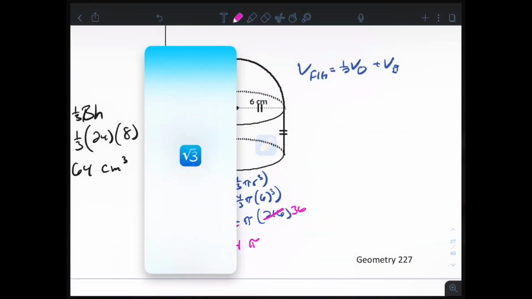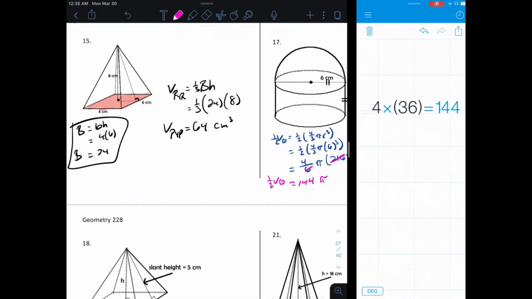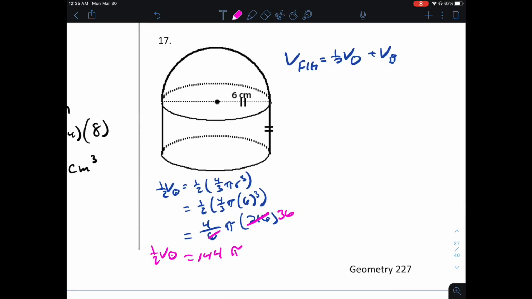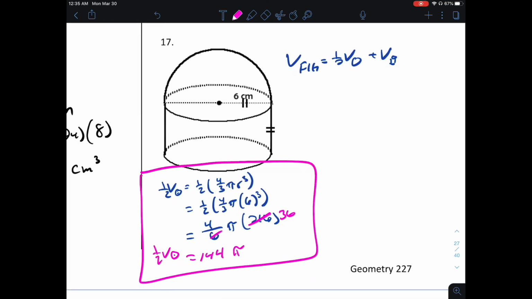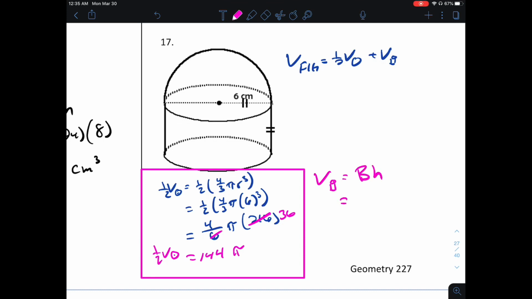Now we've got to find the volume of the cylinder. So to find the volume of the cylinder, it's the base times the height.